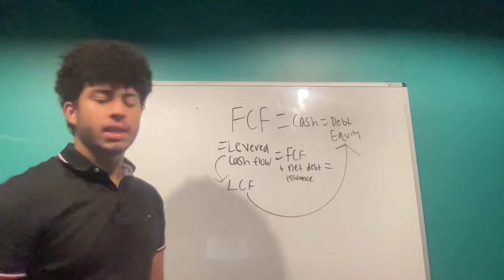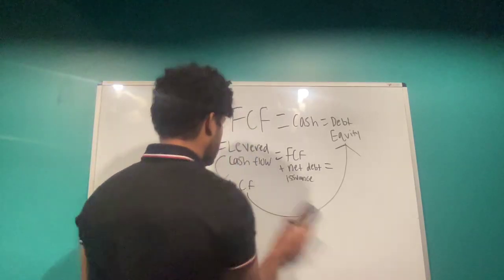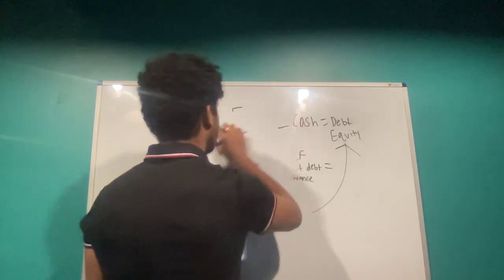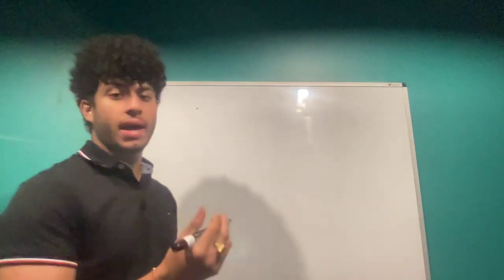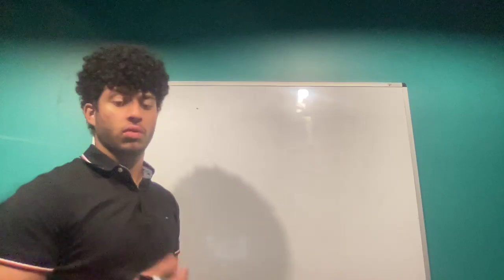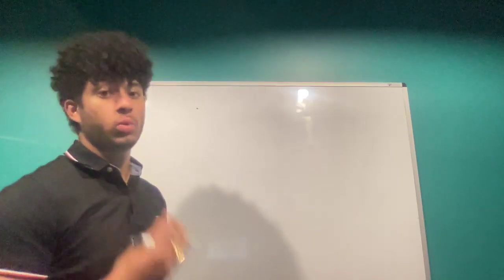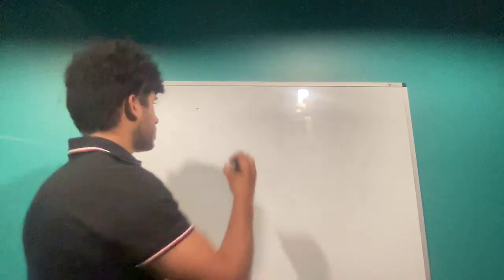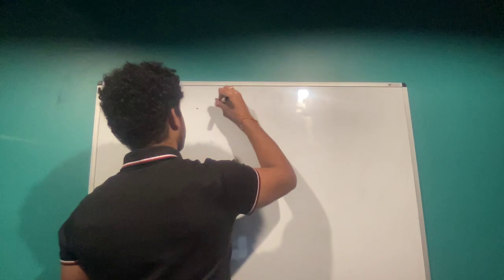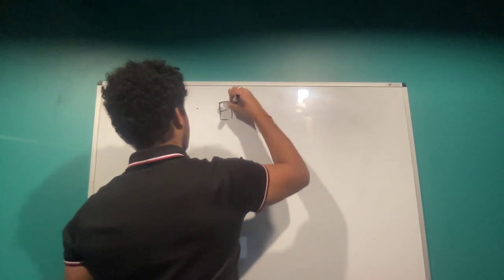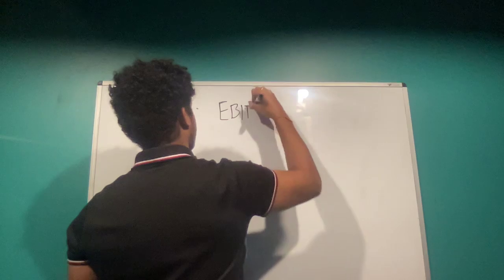Now the last thing I'd like to touch on before I feel like we have sufficiently addressed this topic is that sometimes you could be asked to get to free cash flow from a different starting point. We started from revenue, but if someone were to ask you how do you go from EBIT, for example, to free cash flow.